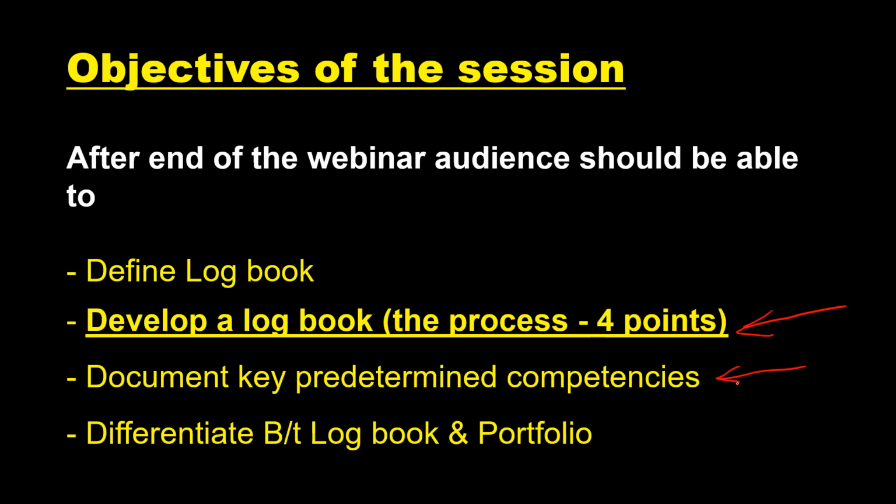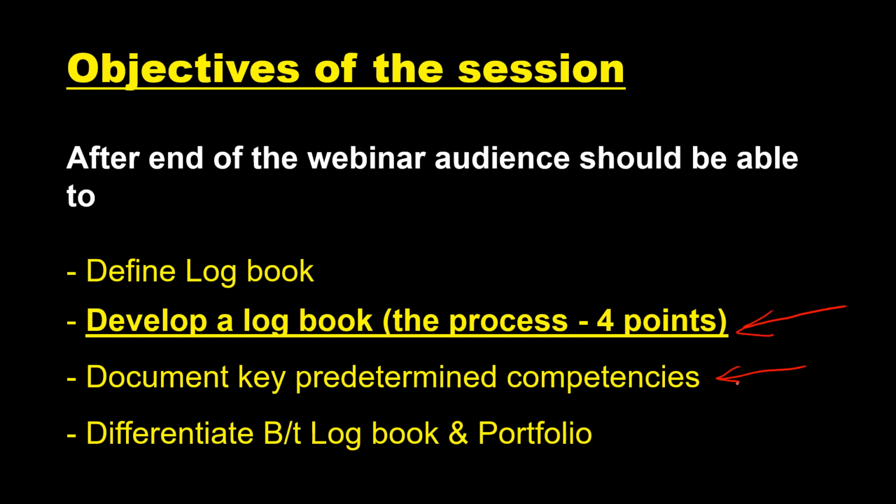So by and large, we are starting the major part of this session, objective number 2 in particular, but that already covers the majority of objective 3 also, that is documentation, how we will document the competencies which we have selected. That part will automatically be covered, but then we will take the third objective separately also.